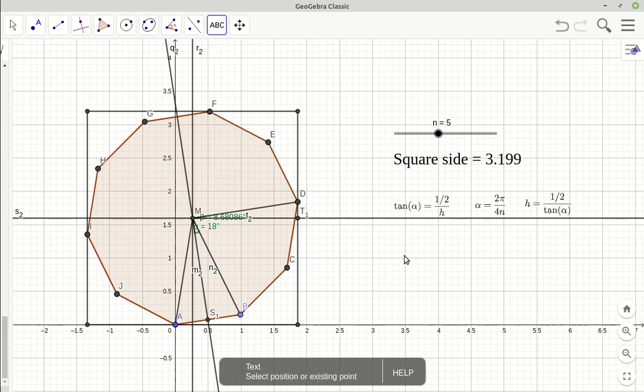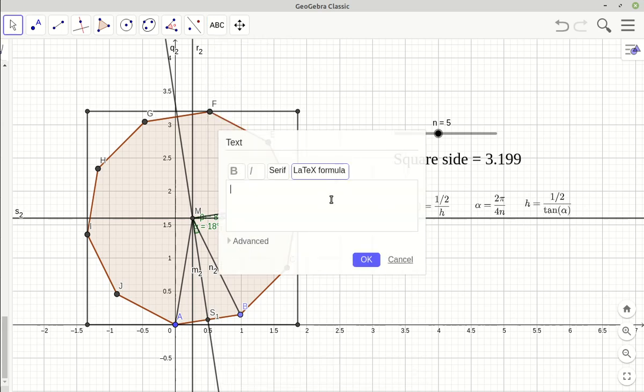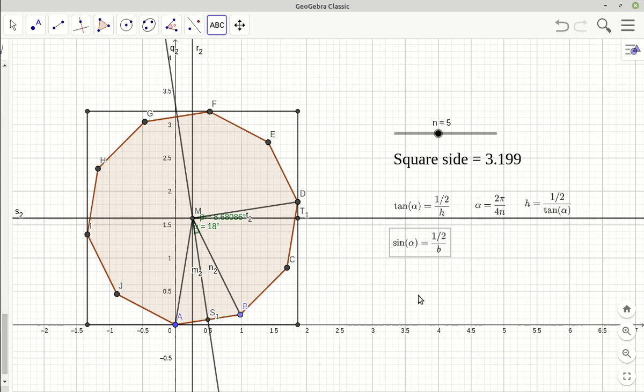So we can write that sine of alpha is equal to the result of division of 1/2 by this length B that we're after. Okay, so we know alpha is still the same, so we can compute B from this equation. So we have B, so this MD is also equal to B.